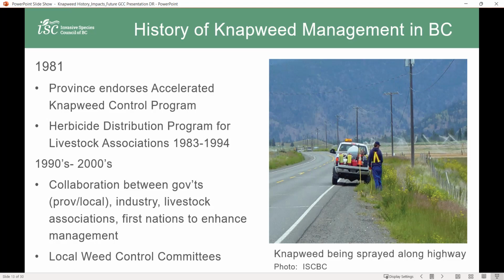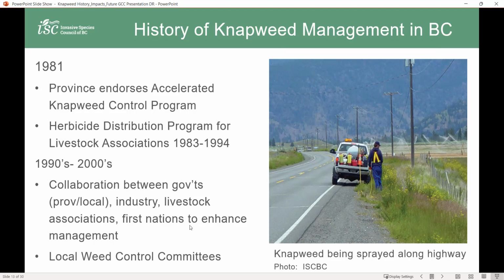Between 1983 and 1994, over $670,000 worth of Tordon 22K, active ingredient picloram, was distributed to many of the interior livestock associations in order for specific livestock producers to be involved in doing herbicide control of knapweed on their private lands, and in those days, some was also being carried out on crown lands.